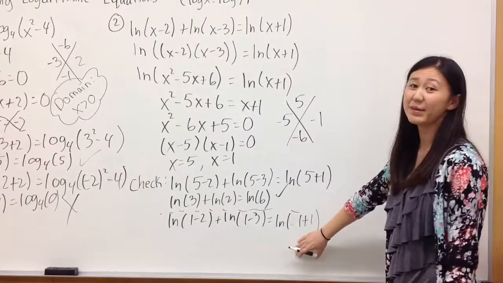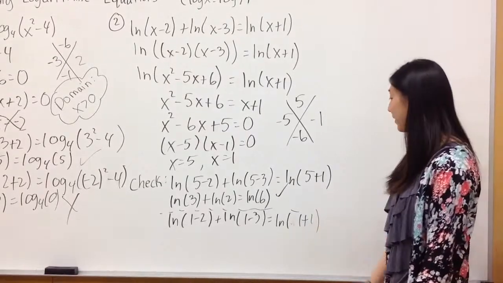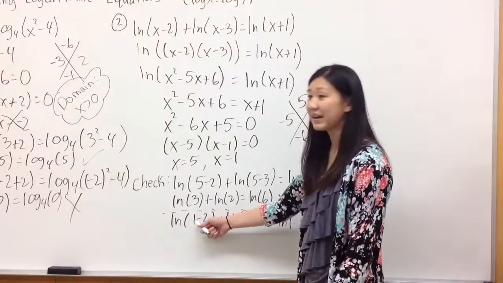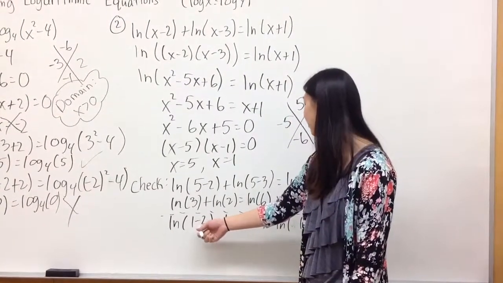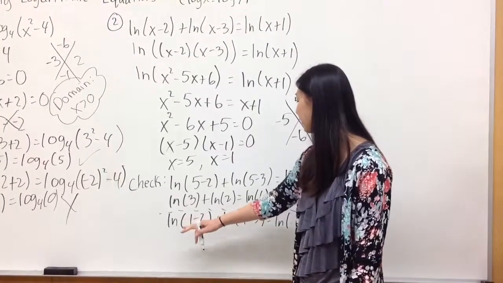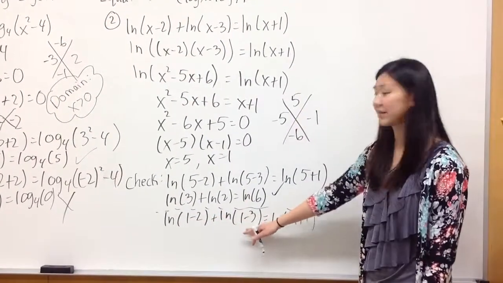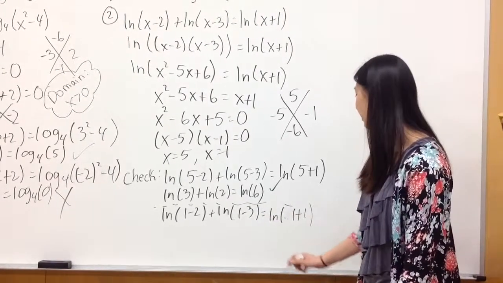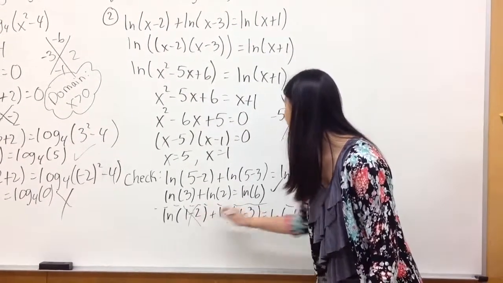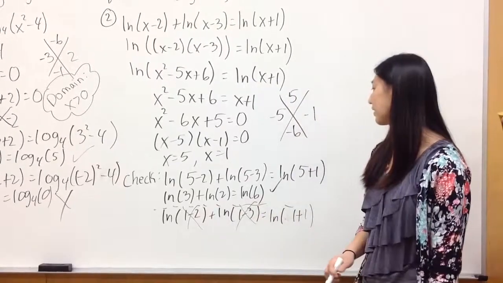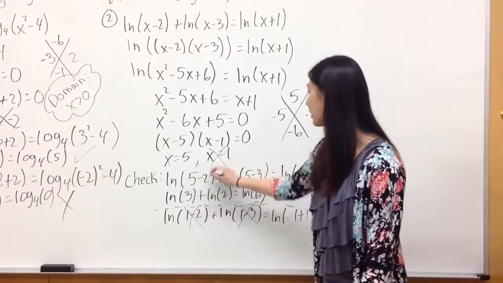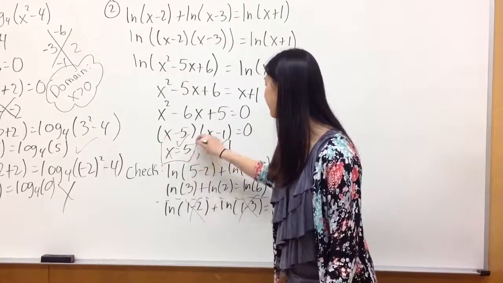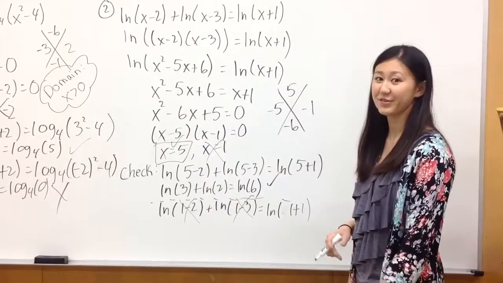Okay, already we can see that this is not going to work because 1 minus 2, that's a negative number. And we can only have positive numbers in our domain. So this is not going to work here because of this part and this part. Those are both going to be negative. So the 1 didn't work, but the 5 did. So the 5 is our answer.